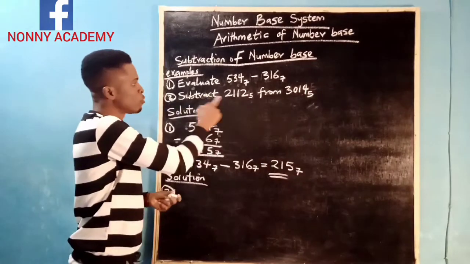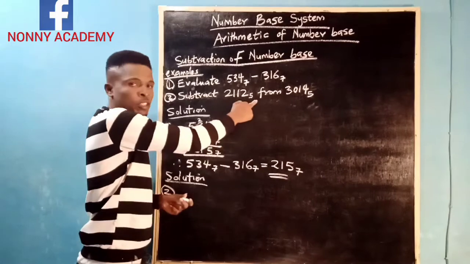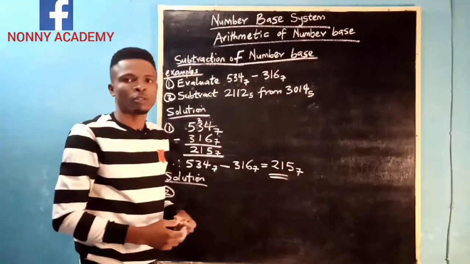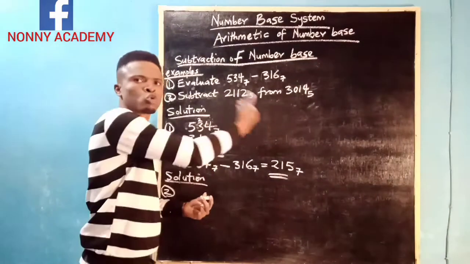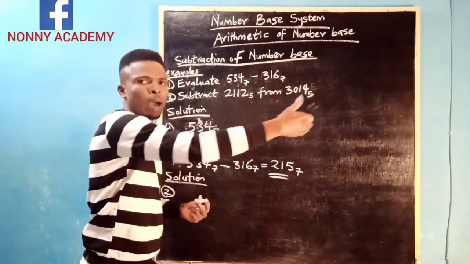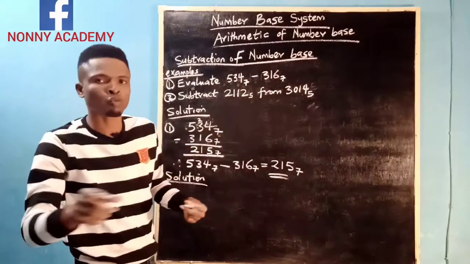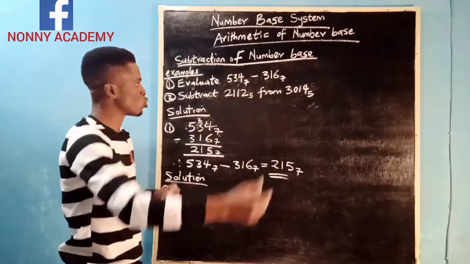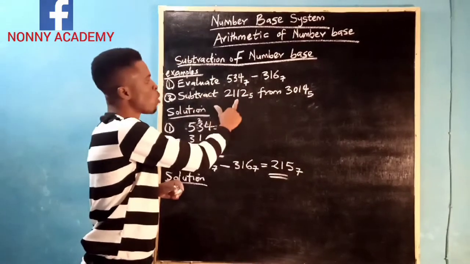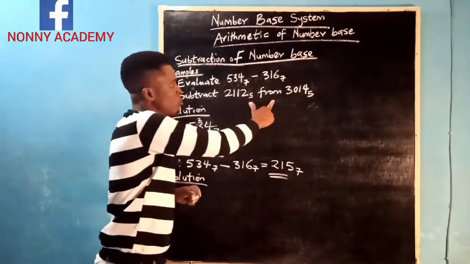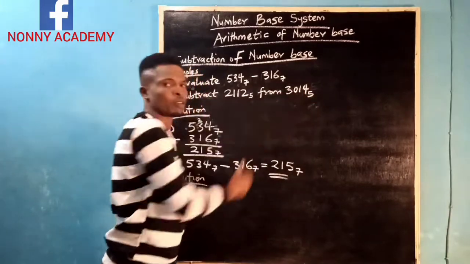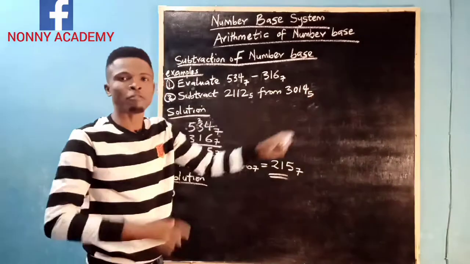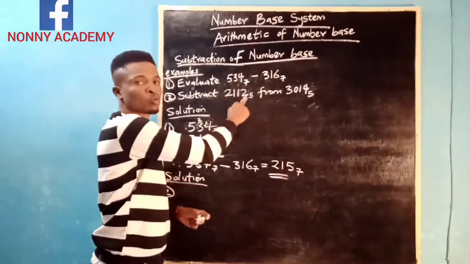So they said remove 2112 base 5 from 3014 base 5. For example, if I say remove 2 from 5, I'm equally saying you should do 5 minus 2. So they are equally telling us to evaluate 3014 base 5 minus 2112 base 5.